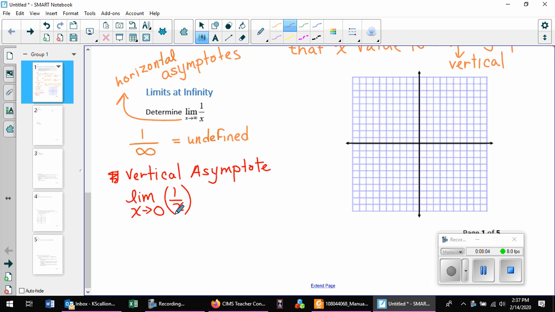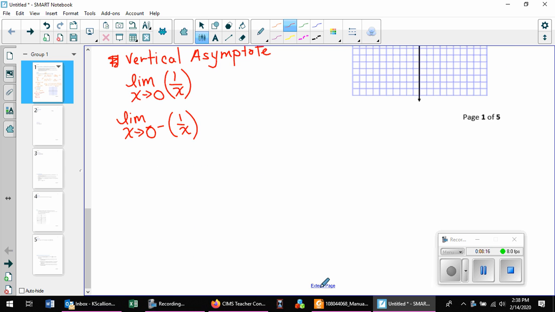So let's talk about what's happening. As x approaches 0 from the left, what's happening? Give me a value close to 0.